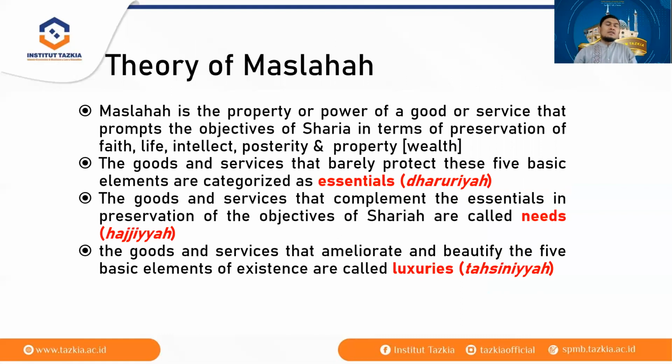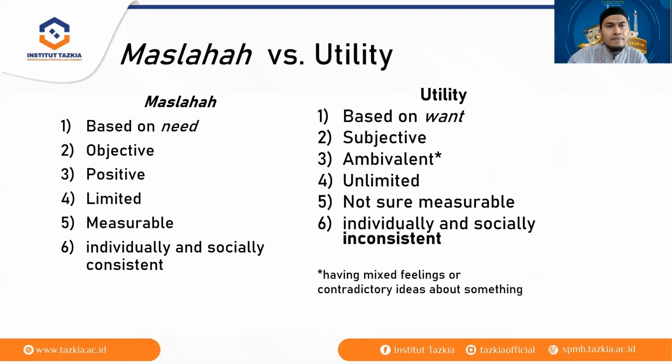The goods and services that barely protect those five basic elements are categorized as essential, or daruriyah. The goods and services that complement the essential in preserving the objectives of Sharia are called needs, or hajiyah, the complementary. And lastly, the goods and services that ameliorate and beautify the five basic elements of existence are called luxuries, tahsiniyat.